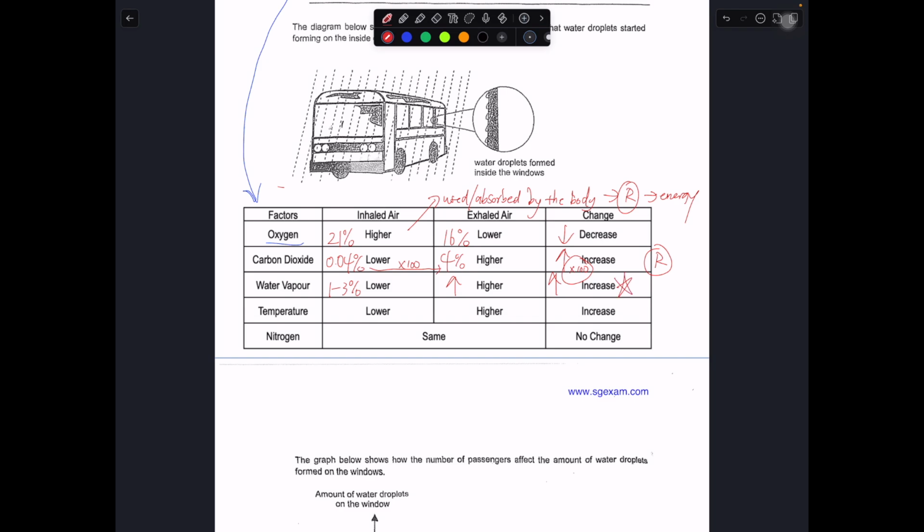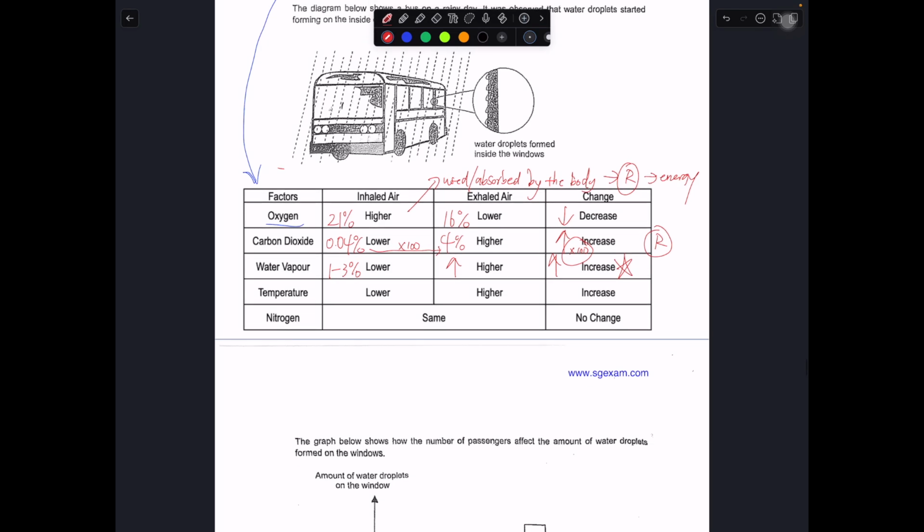So this is a science fact. Okay, this is accurate. For temperature, usually you will breathe in air that is more or less at room temperature. Let's say room temperature is about 22.5 to 25 degrees. The air that you breathe out is normally very close to your body temperature.